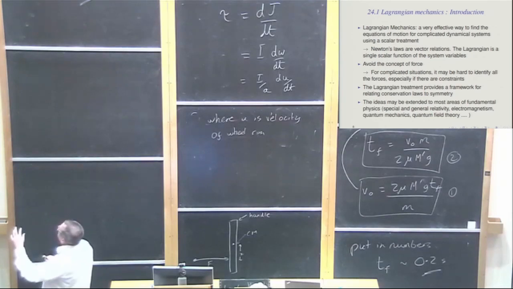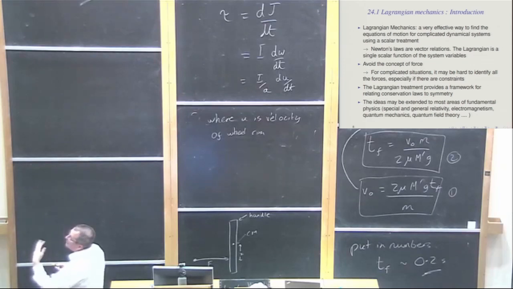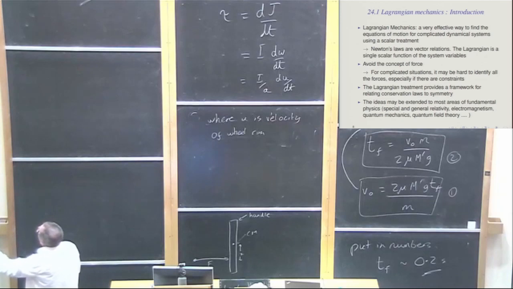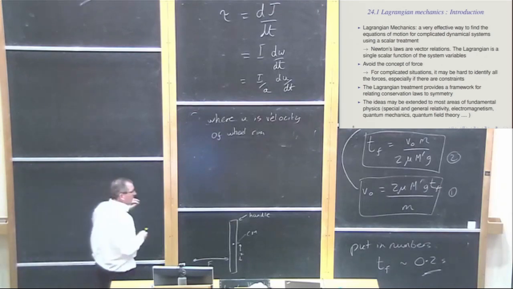And it doesn't actually stop with mechanics. The idea of the Lagrangian has then taken root and is applied to many, many other areas of physics. So one finds Lagrangians used in relativity, in electromagnetism, in quantum mechanics, and quantum field theory.